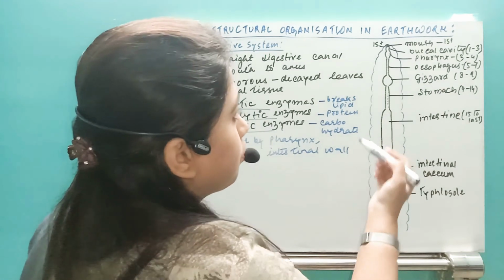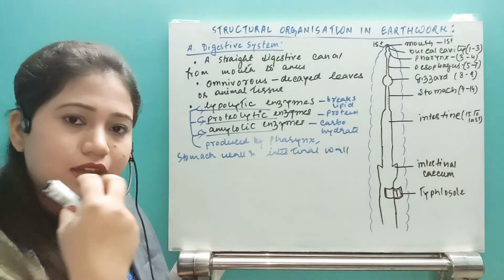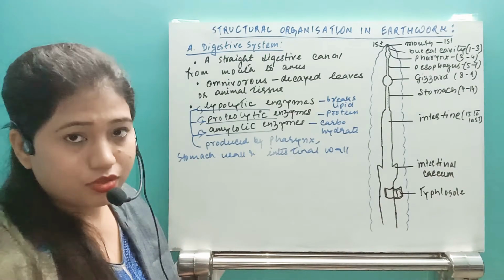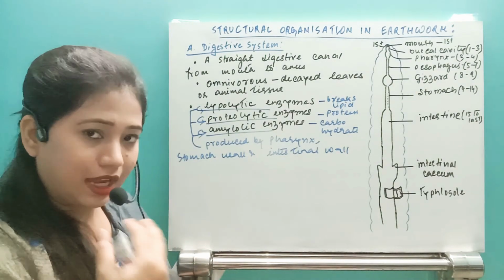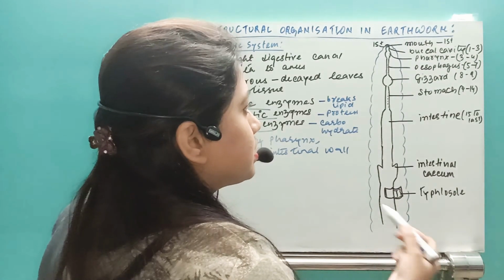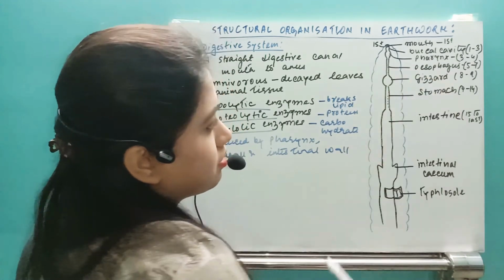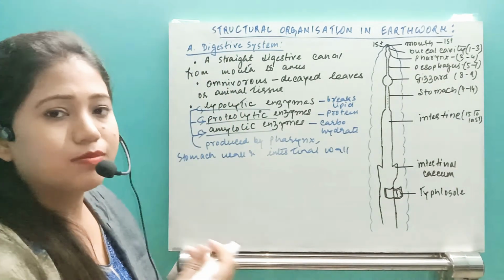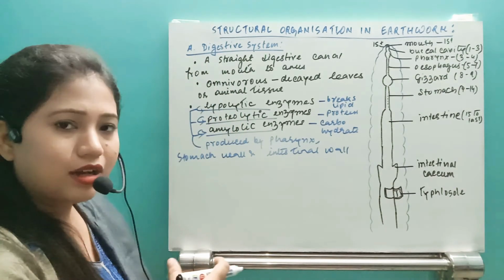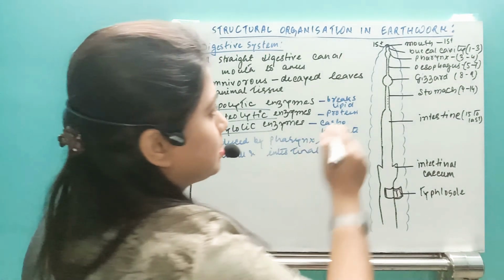Next, from the first to the third segment, they have a structure called the buccal cavity, which resembles your mouth. Like our mouth, they also have the buccal cavity. From this buccal cavity extends a very small hollow structure, the pharynx.